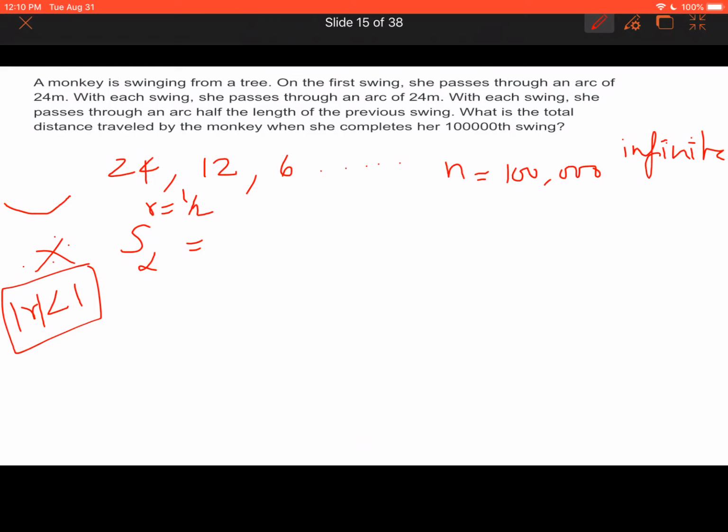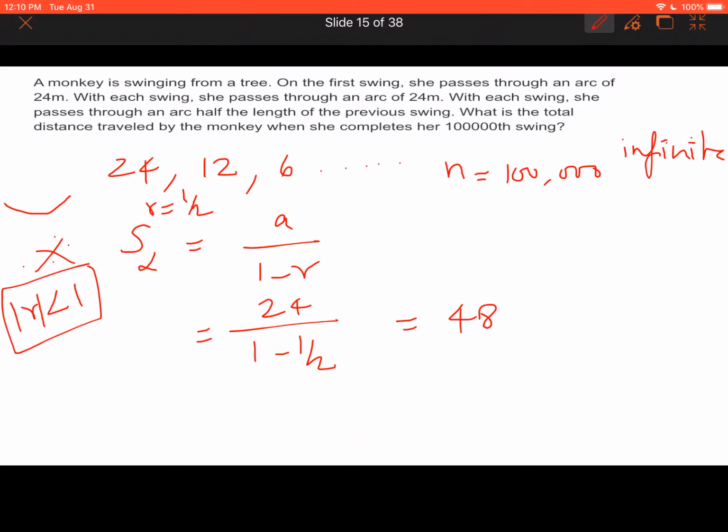Since the value of r is half, we will be able to find a definite value using the sum of infinity formula, which is nothing but a by 1 minus r, which is equal to a is 24, 1 minus half. Okay, and when you substitute the values, we'll be getting the answer as 48.